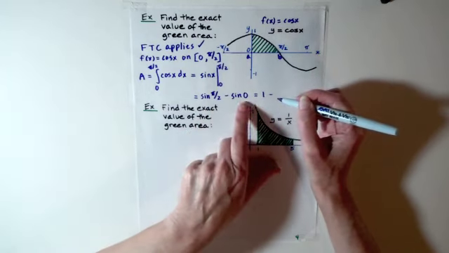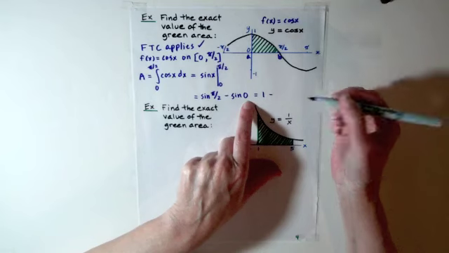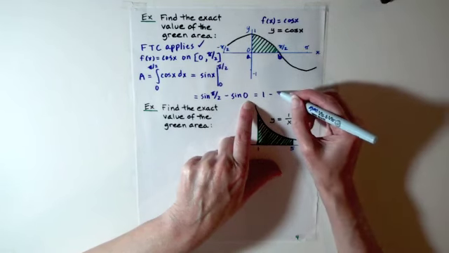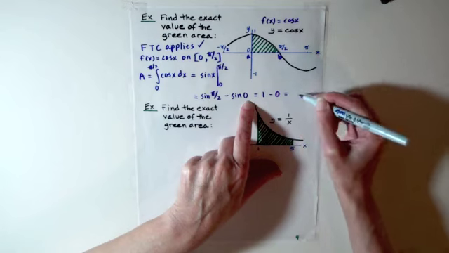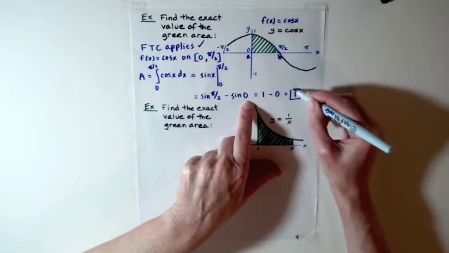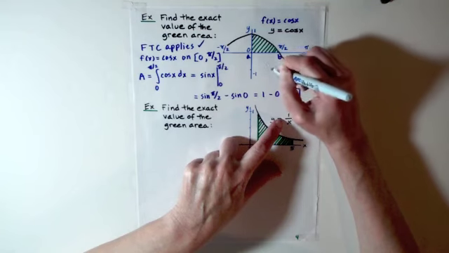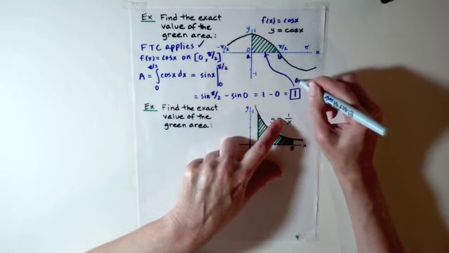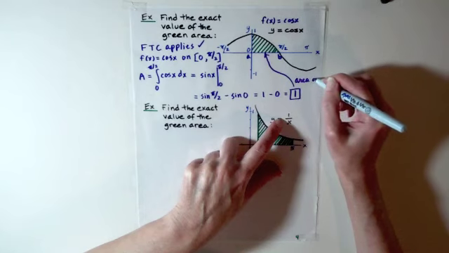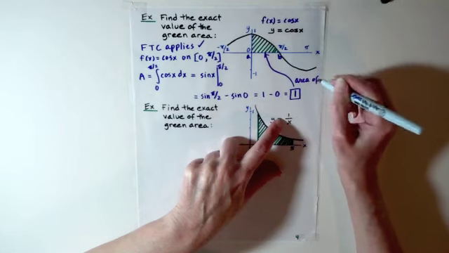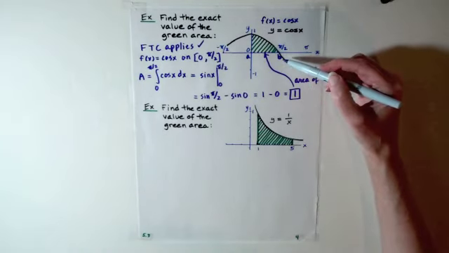I subtract the value of sine of 0 radians, which is the same as 0 degrees. That's a value of 0, and I get 1. So the exact area of this green shaded region is equal to 1, adds up to exactly 1.